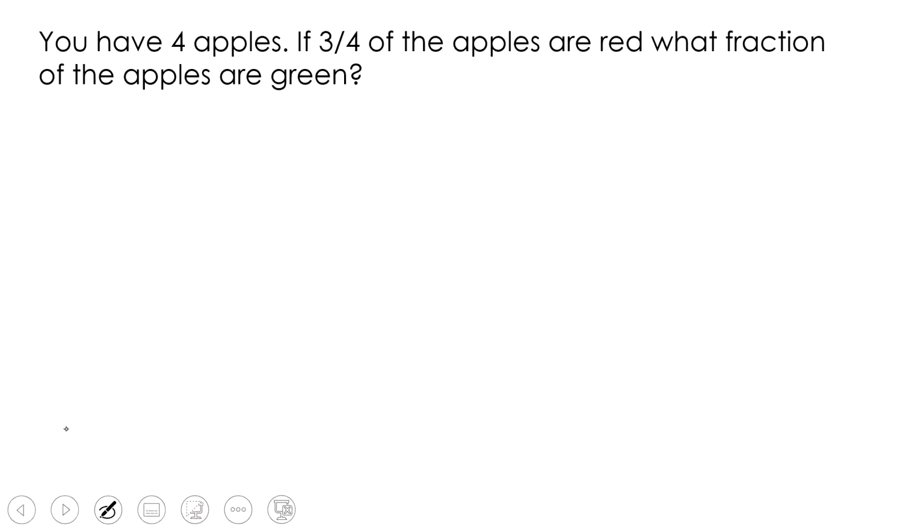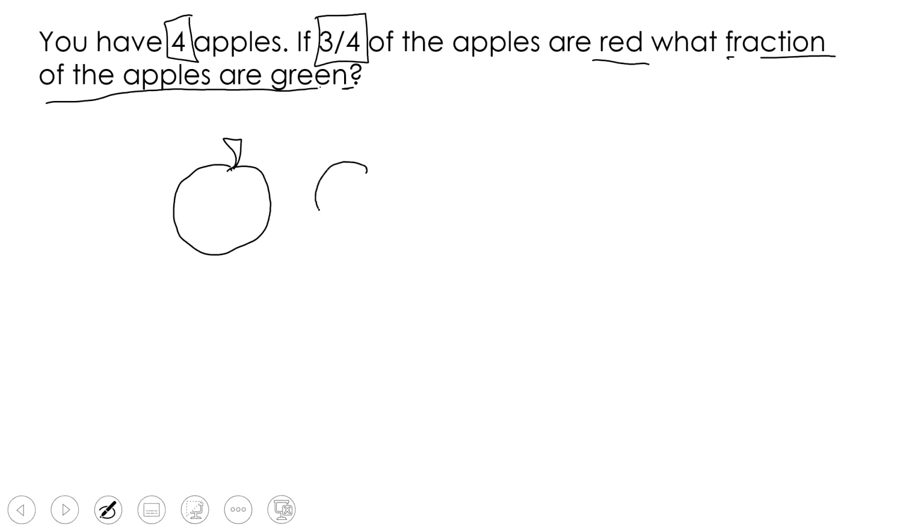So I have 4 apples. 3/4 of the apples are red, and I want to know what fraction of the apples are green. Okay? So let me start with thinking, all right, I've got 4 apples. Okay, I know I've got 4 apples, so let me draw 4 apples.